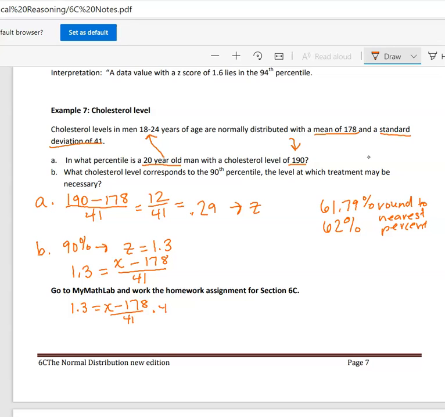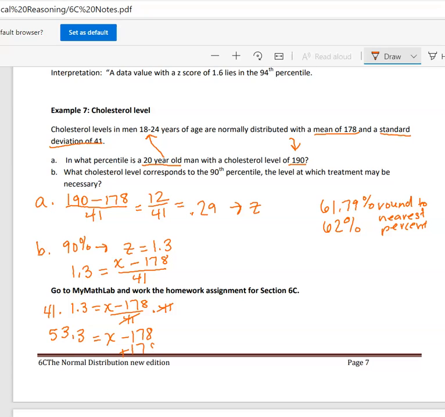We multiply by 41 on both sides of the equal sign to cancel out the 41. So 41 times 1.3 gives me 53.3 equals x minus 178.